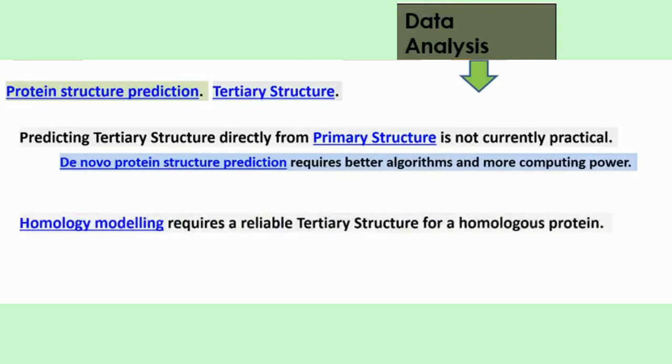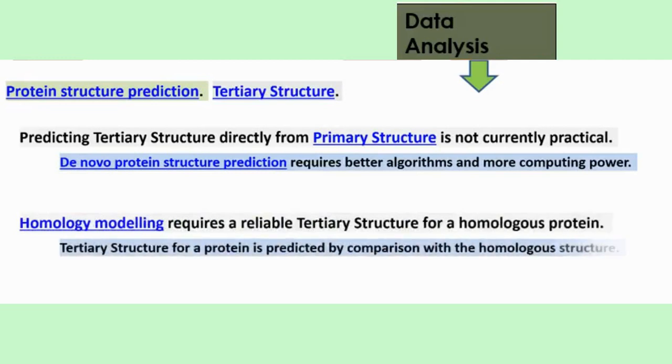Homology modeling, also referred to as template-based or comparative modeling, is possible only when reliable structures exist for proteins homologous to those under investigation. Very broadly, where a suitable template exists, the tertiary structure of a protein can be predicted by comparing it with that template structure using the corresponding template protein sequence as guide.